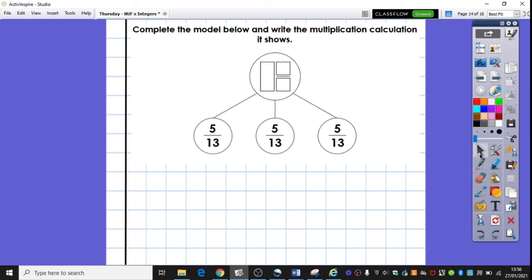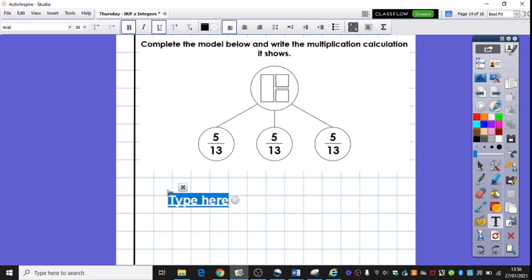So I want us to think about the calculation we're being asked here, and the calculation is asking of us obviously 5/13, and we're being asked to multiply 5/13 by 3. Okay, so we're looking then at thinking about 3 lots of 5 is going to give us 15/13.